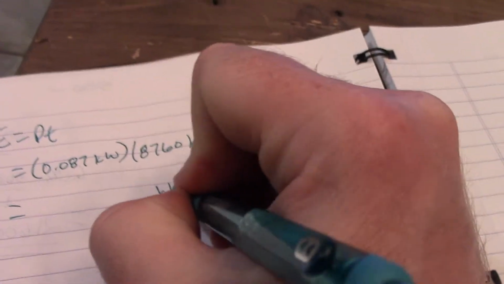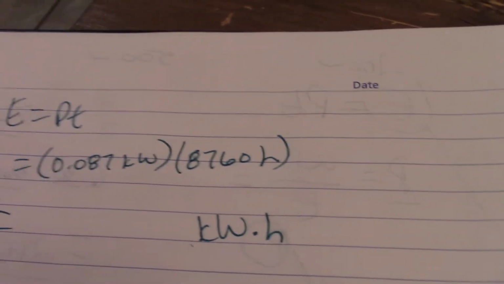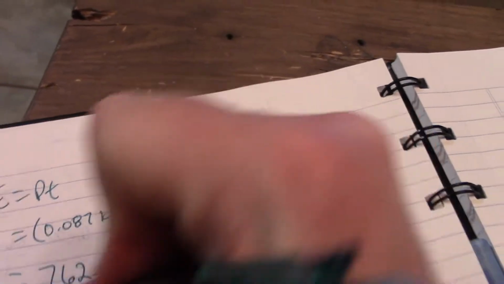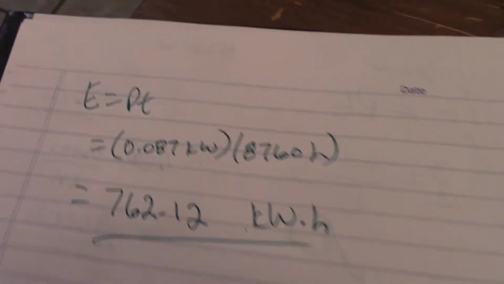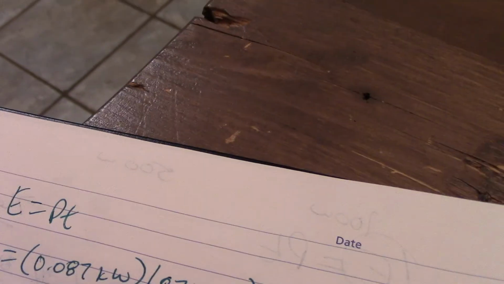I get an answer in kilowatt hours, and that is 762.12 kilowatt hours. So there's 762.12 kilowatt hours to fuel standby power for all the appliances in this girl's house. So that's the power required just to keep appliances on, not to actually use them.